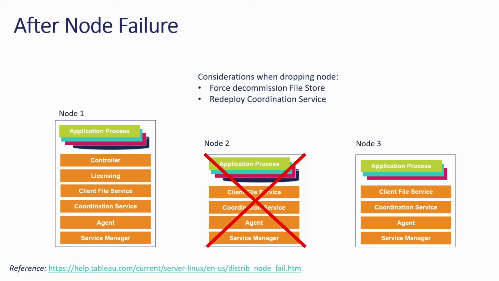But as soon as I say I'm going to remove this node, that's going to turn it into a cluster of 2 working nodes, and I can't have an odd number on 2 nodes unless that odd number is 1. And so that means I'm going to have to redeploy my coordination service so that I'm only going to have it on 1 node after I remove this.